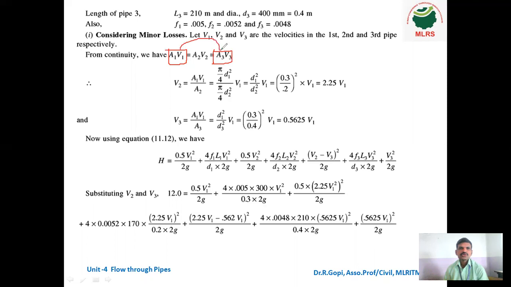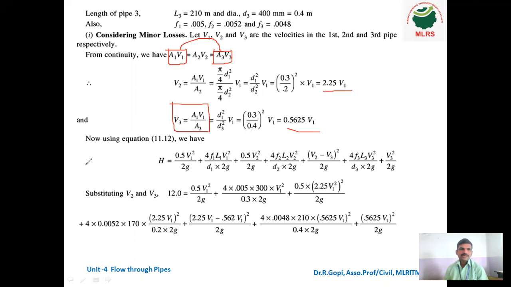Only these two. So V3 is equal to A1 V1 divided by A3. We can get this equation. So V3 in terms of V1 we got 0.5625 V1. So V2 is equal to 2.25 V1 and V3 is equal to 0.5625 V1.